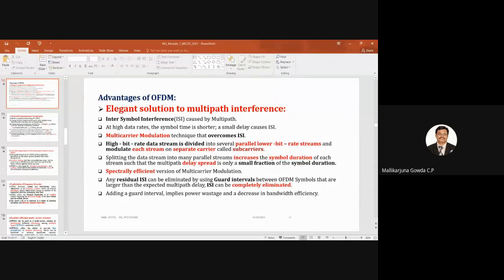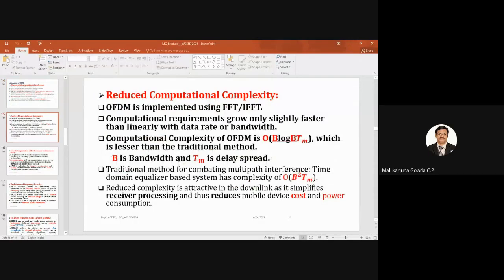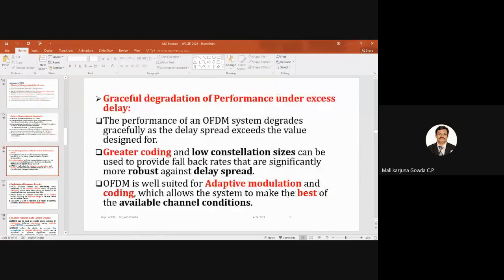The next is reduced computational complexity. How can it reduce the computational complexity? With the use of FFT and IFFT at the transceiver, I said. Then there is a graceful degradation of performance under excess delay; the performance does not fall rapidly, it degrades slowly.